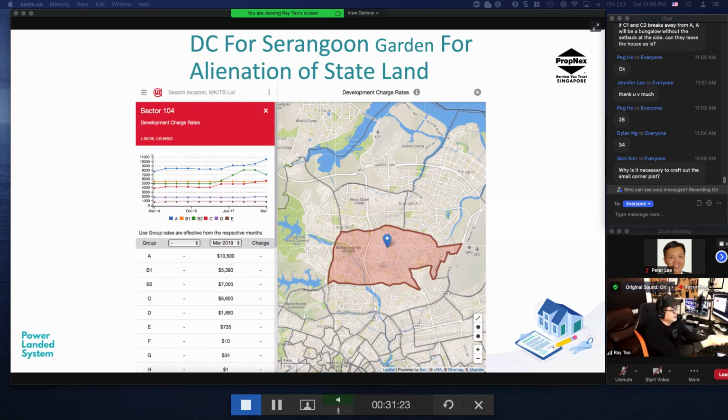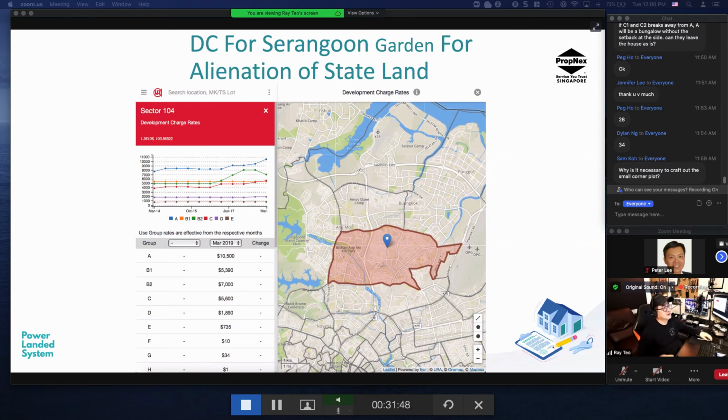In Serangoon Garden, 5390 divided by 10.764 is $500.74. Then divide by 7 times 5. So per square foot, $357.